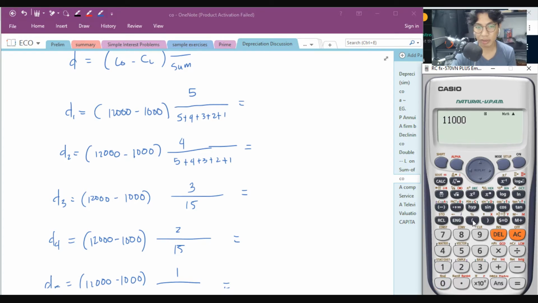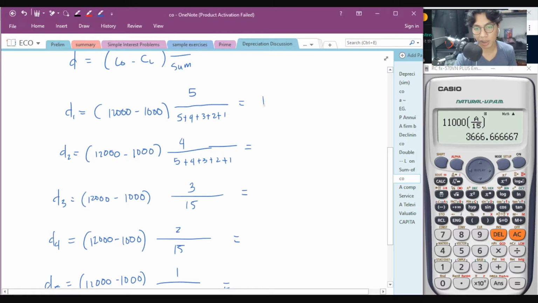So, dito lagay natin is alpha A over 15, para hindi na tayo magpaulit-ulit. So, A. Calculate. Yung A, ang value is 5. So, the value there will be 3,666.67. Yun yung nabawas at the year 1.